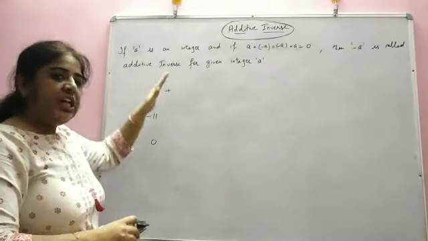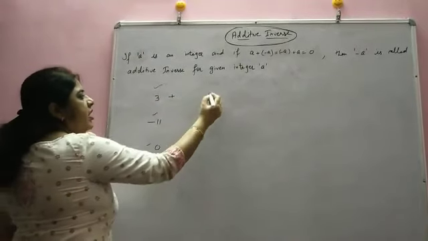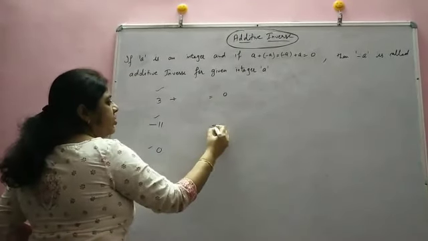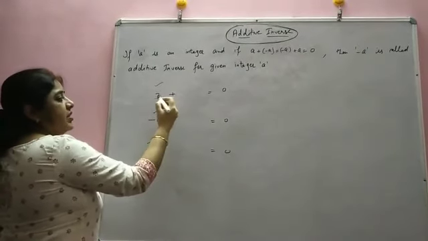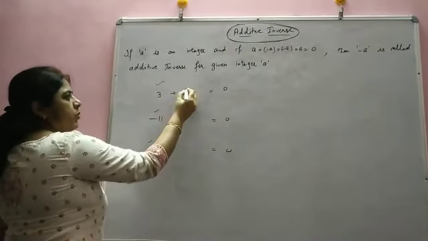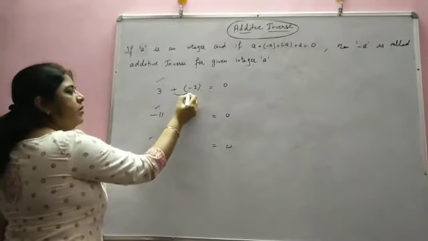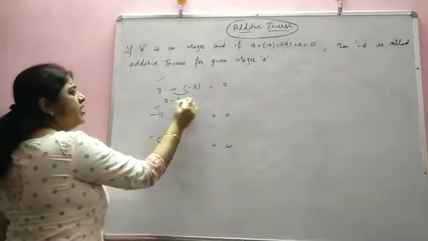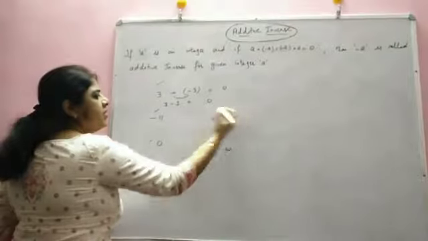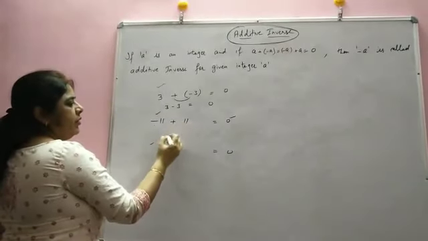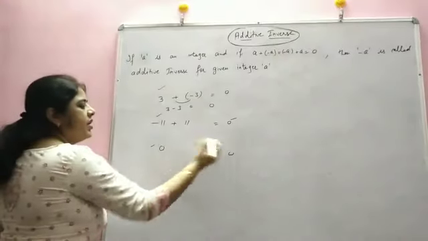But now it's changed here. What should be added to all these integers so that the answer comes 0 in each case? Now 3. What is added to 3 to get 0? Minus 3. As we know, plus minus becomes minus. What would the answer be? 0. Now what should be added to minus 11 to get the answer 0? Plus 11. What will the answer be? 0.